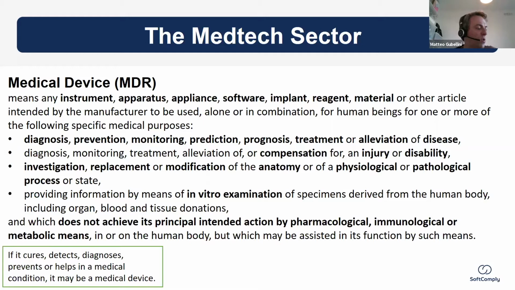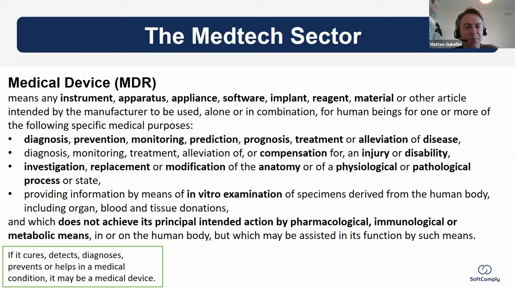So if you want to determine whether your device is a medical device, you have to see if it checks one or more of these characteristics: diagnosis, prevention, monitoring, prediction, prognosis, treatment, or alleviation of a disease. The same thing for compensation for an injury or disability, investigation, replacement, or modification of the anatomy or of a physiological or pathological process.